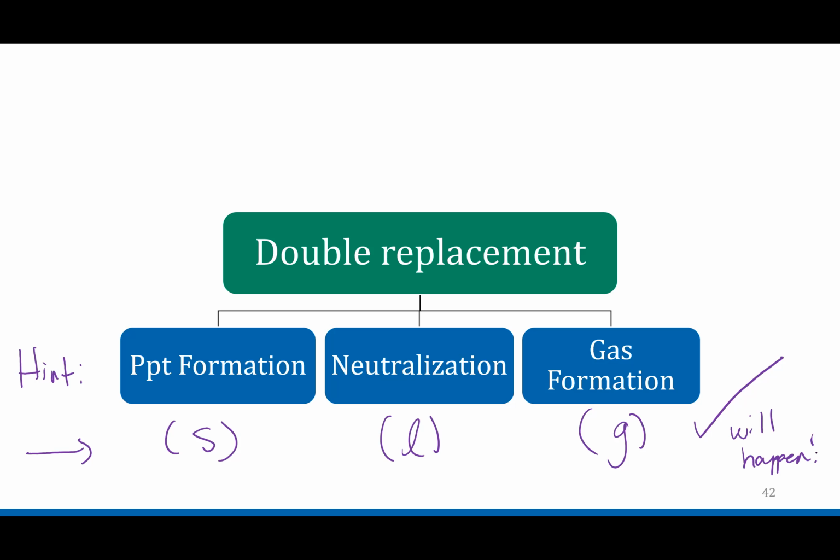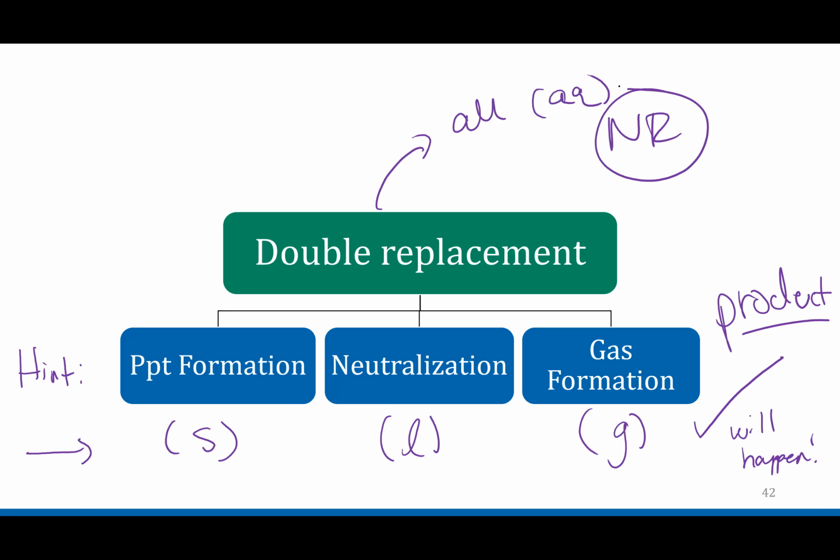When you look at a double replacement, if there's a solid, liquid, or gas as a product, it's going to happen. If your product is all aqueous, no reaction. So if all of your products are aqueous, no reaction. But the minute you see a precipitate or a gas or a neutralization, which makes liquid water, it's going to be a reaction.